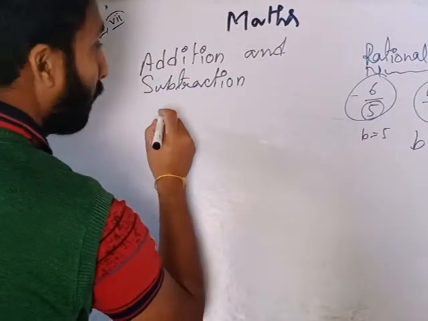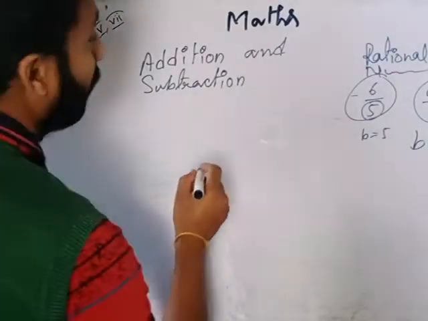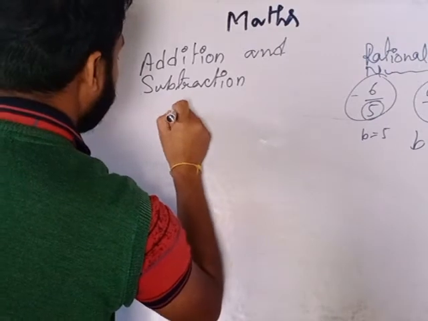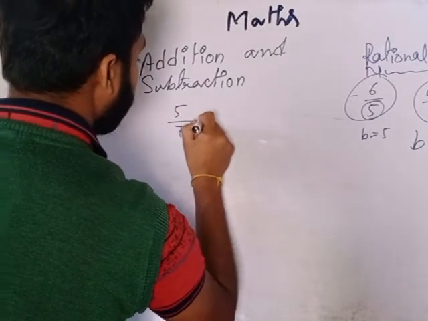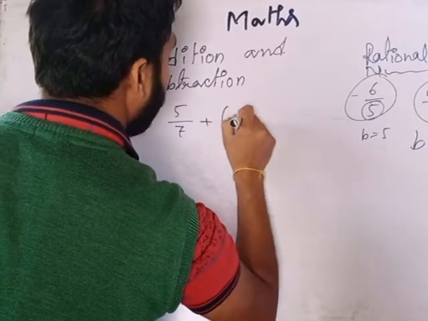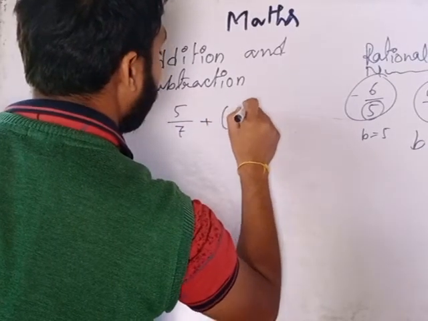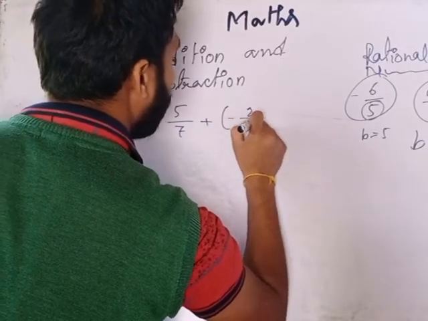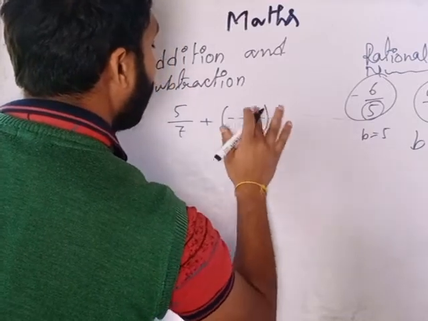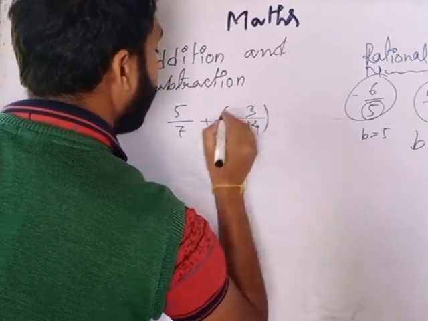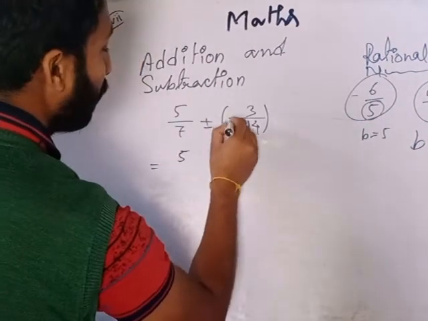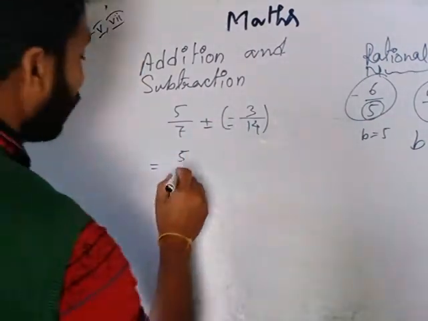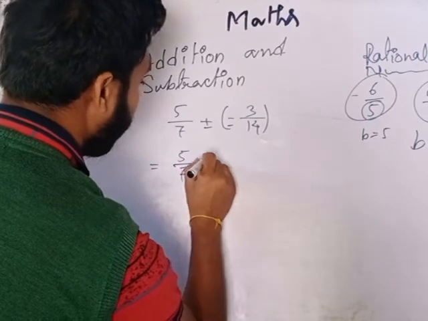Okay, we should go to the addition of rational numbers. Minus 3/14. At first, if there is more than one sign, you should convert them into a single sign.